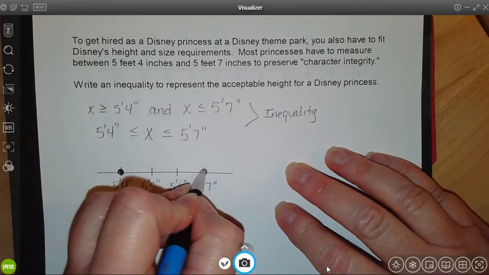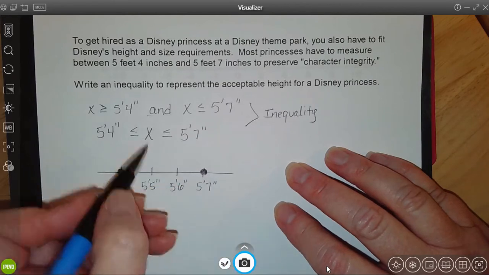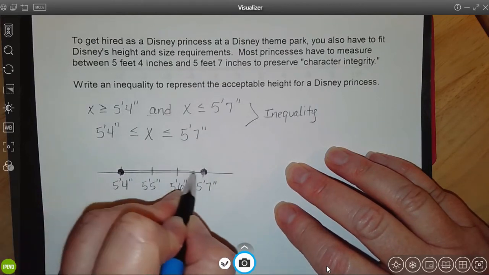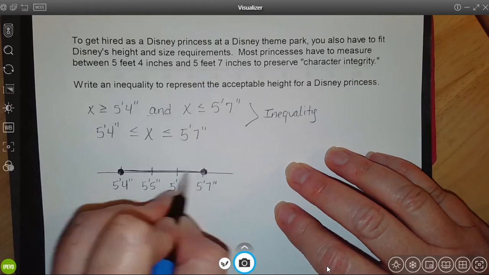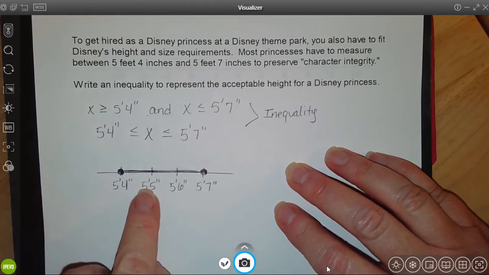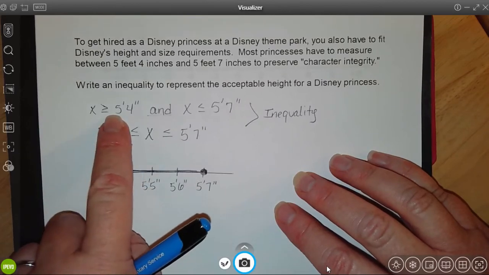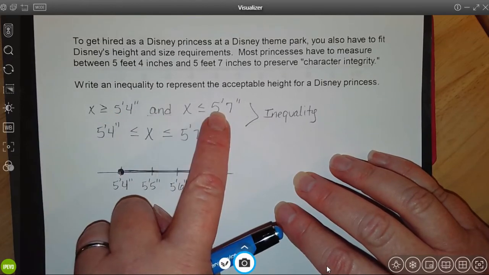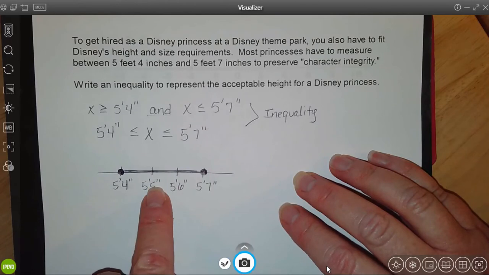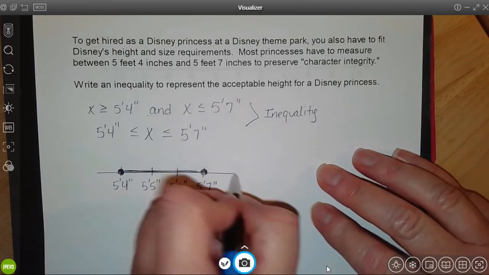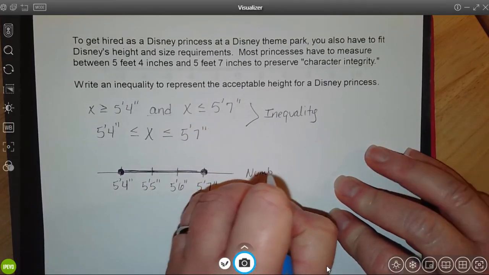So colored in dot. You can be anything in between there. So you could test a number. You could say 5 foot 5. Is 5 foot 5 greater than 5 foot 4 and less than 5 foot 7? Yes, it qualifies.